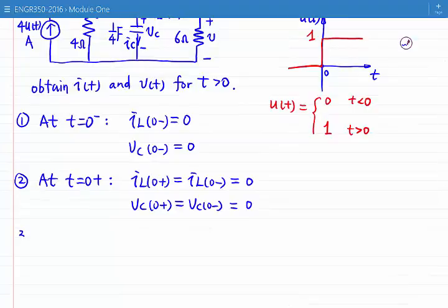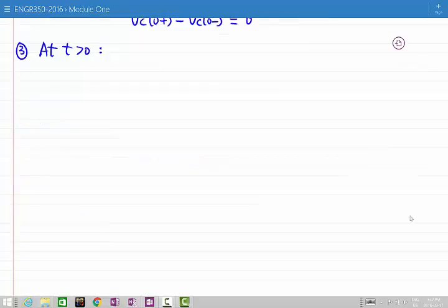So the third step, when t is larger than 0, is to find the transient response of the circuit. So let's redraw the circuit diagram. We have a current source, and when t is larger than 0, the current source is 4 amp.